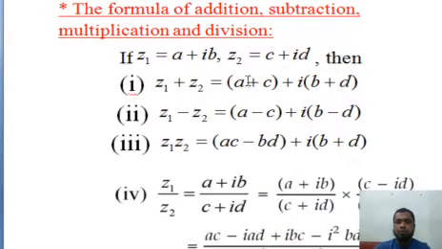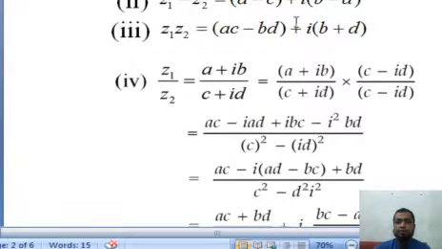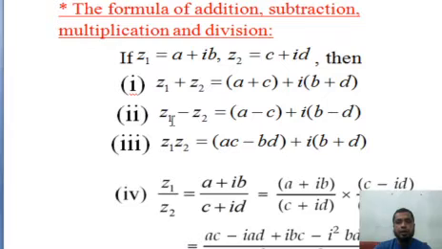Suppose z1 plus z2 equals a plus c plus i into b plus d. Then z1 minus z2 equals a minus c plus i into b minus d. Then z1 z2, the product formula for two complex numbers, is ac minus bd plus i into ad plus bc.